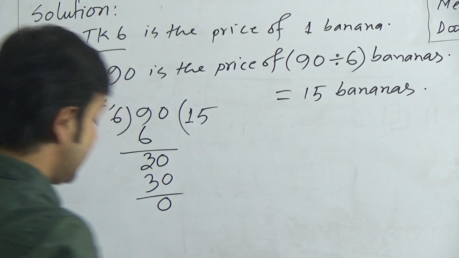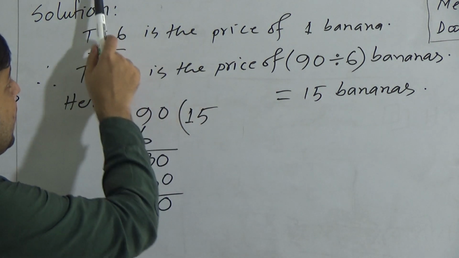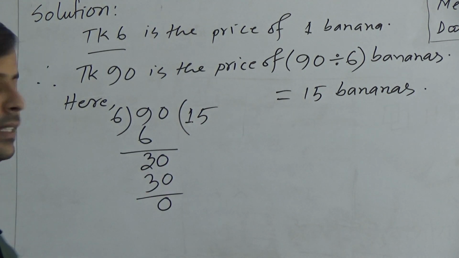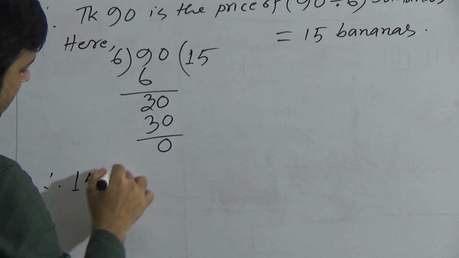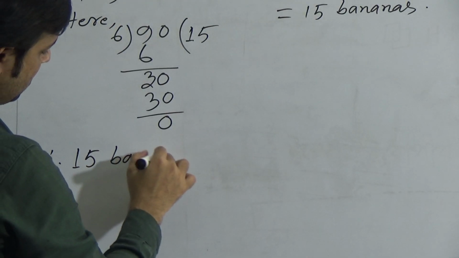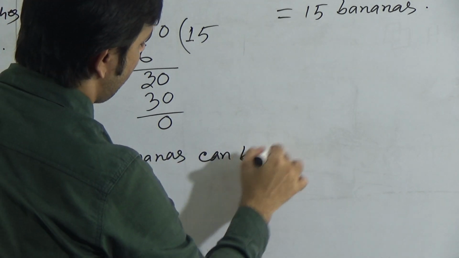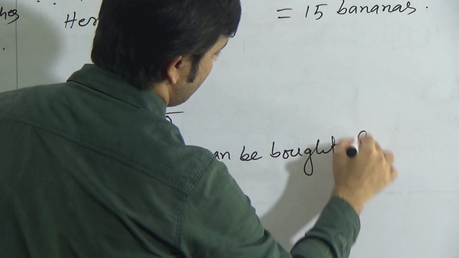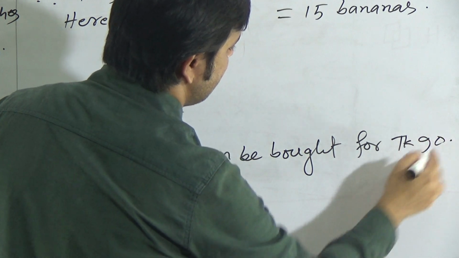Dear students, we can say 15 bananas can be bought for taka 90. So we can write therefore 15 bananas can be bought for taka 90.